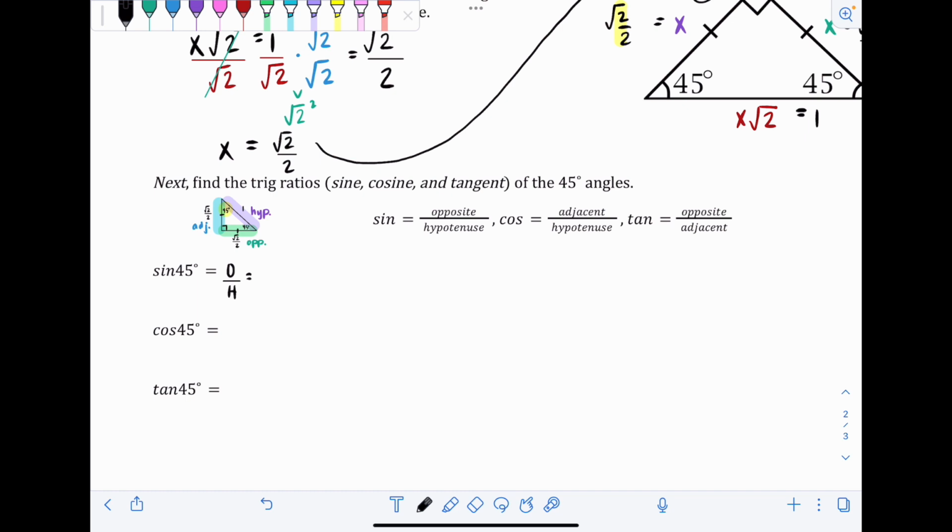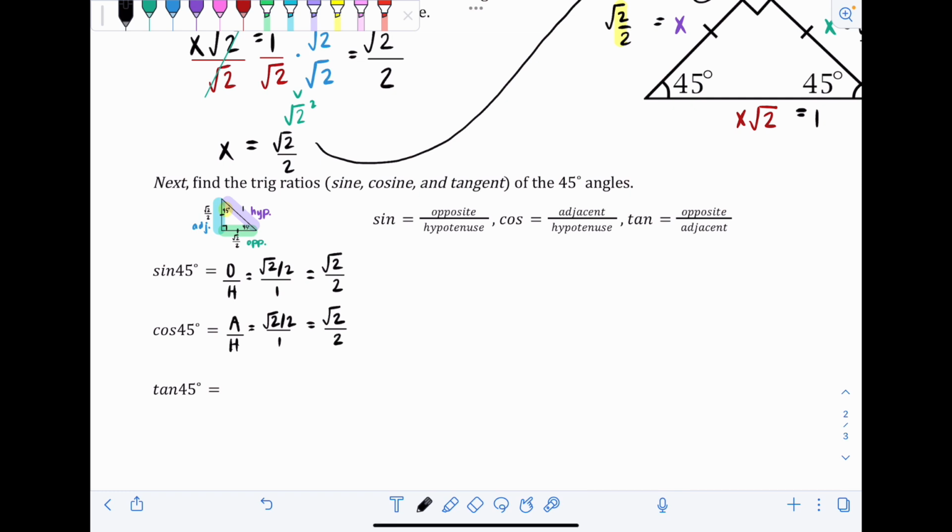Okay, so sine is opposite over hypotenuse. The opposite side was root 2 over 2, and then the hypotenuse was 1. So root 2 over 2 over 1 simplifies to just root 2 over 2. Cosine is adjacent over hypotenuse. The adjacent side was also root 2 over 2, over 1, the hypotenuse, and again that simplifies to just root 2 over 2.